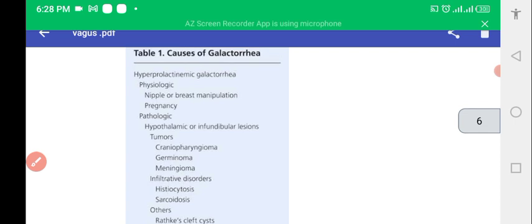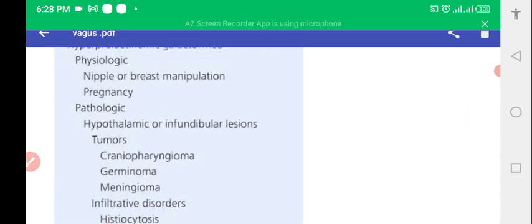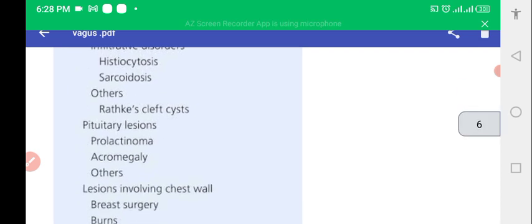Now other causes of galactorrhea are physiological causes as well, such as nipple and breast manipulation during pregnancy. Then there are certain pathological causes like hypothalamic infundibular lesions, tumors, craniopharyngiomas, Rathke cleft cyst, and prolactinoma.